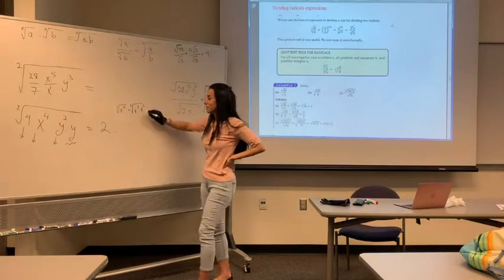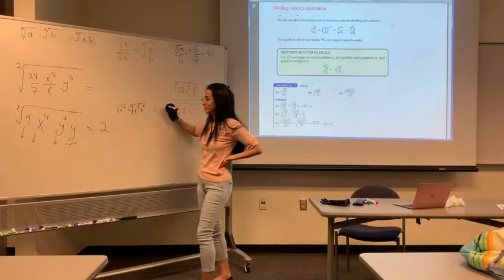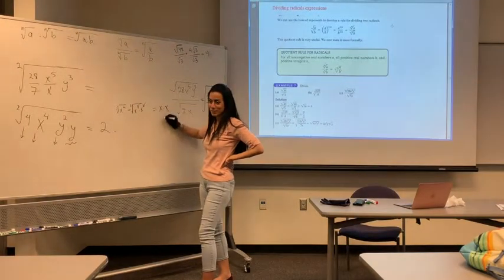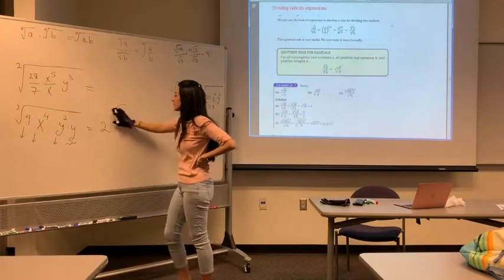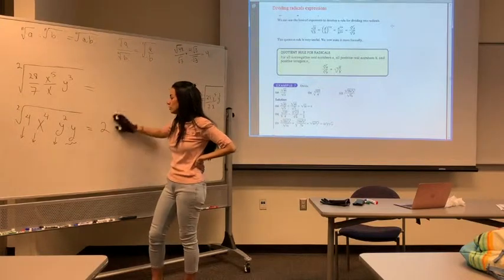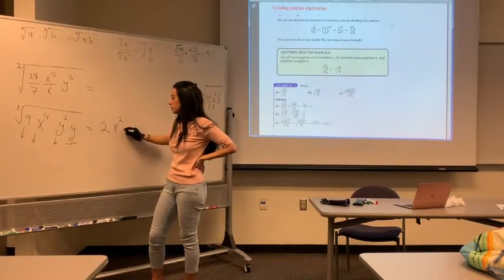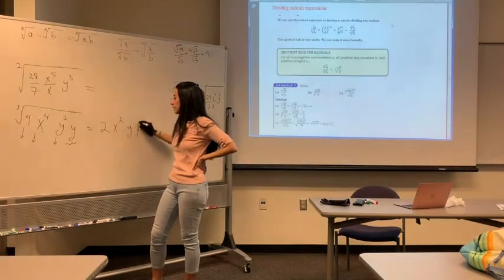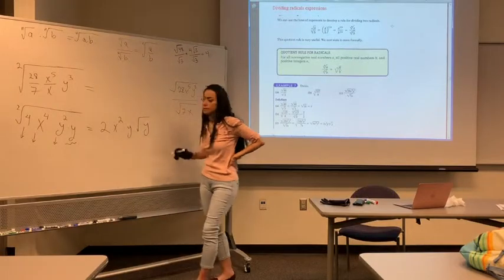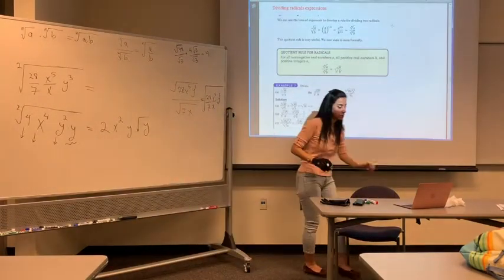Right? This one cancels, this one cancels. So we have x multiplied by x, which is x power 2. So x power 2 comes out. What else? y power 2 becomes y, and then this one stays inside the radical.